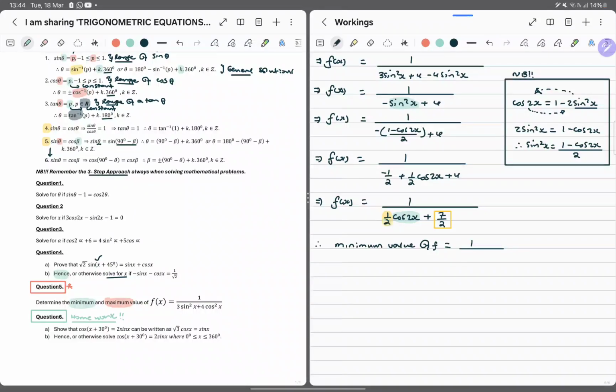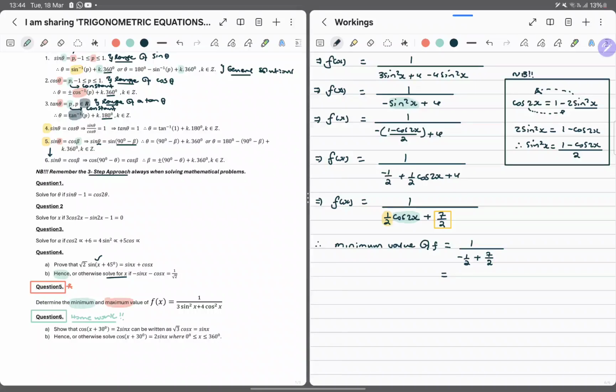So minimum is always the negative absolute value, whereas the maximum is always the absolute value of the amplitude. So this one is going to be minus a half, but we consider the vertical shift, minus 7 over 2. Okay, that's what we get.